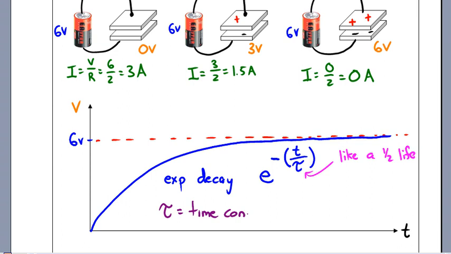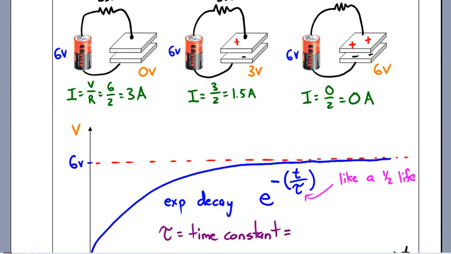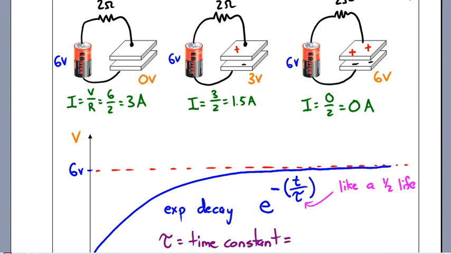And it depends on a couple of things. So this is something that tells you how long it takes to get to a factor of 1 over e closer to your destination. And it slows things down if you have a bigger resistor. Bigger resistors will cause less current to flow. So the time constant is definitely affected by the resistance, but it's also affected by the size of the parking lot.